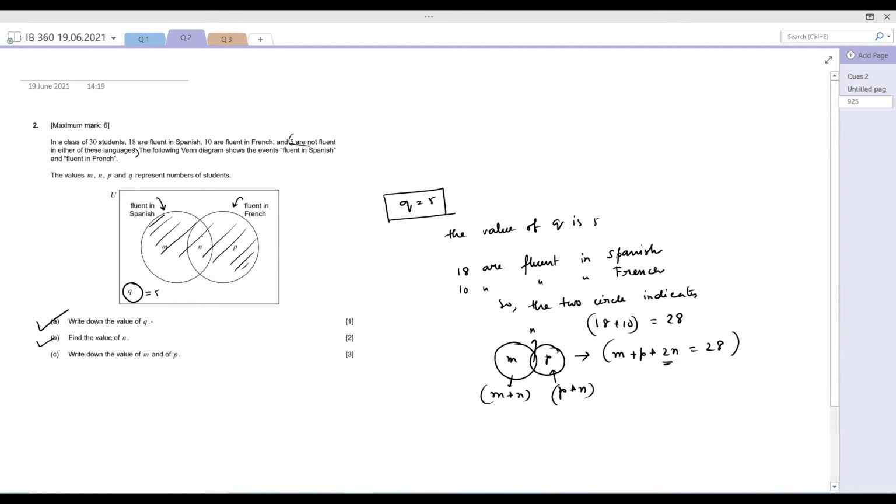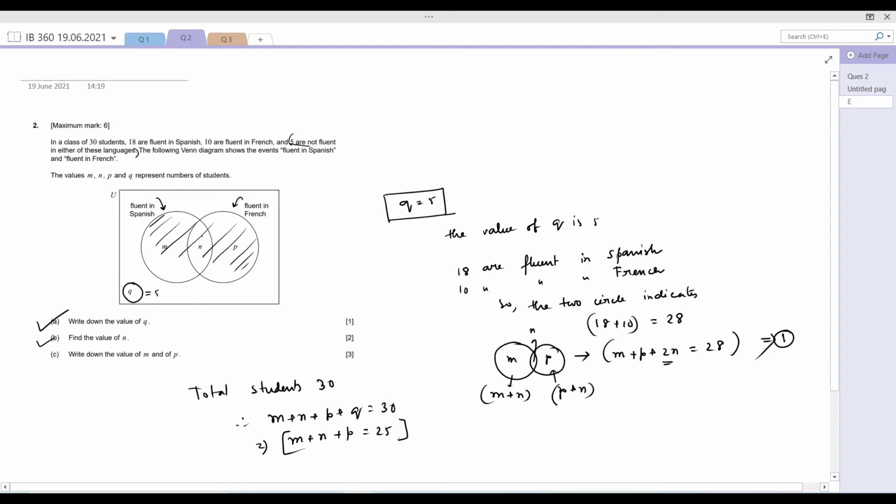Now as we have a total of 30 students, M plus N plus P plus Q equals 30. So from here we get M plus N plus P equals 25. These are two equations, this is equation number 1 and this is equation number 2.